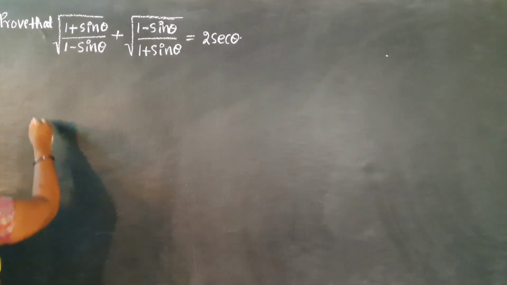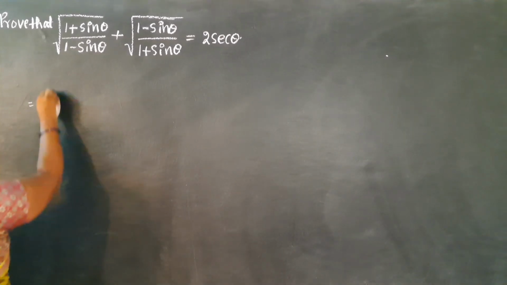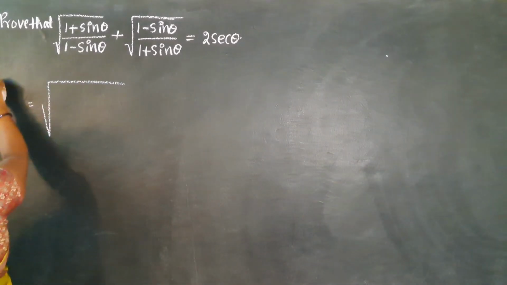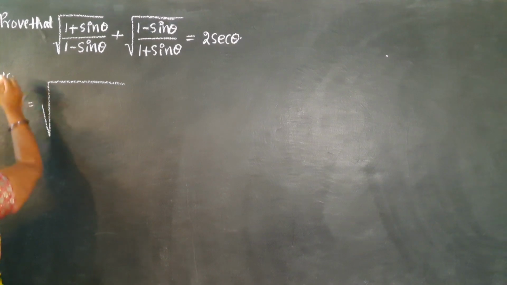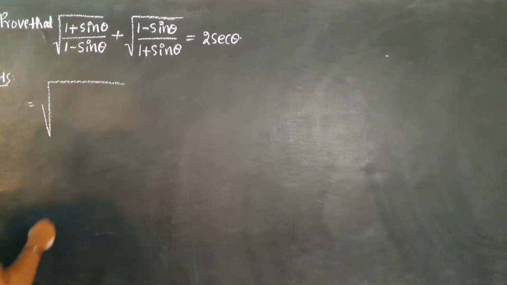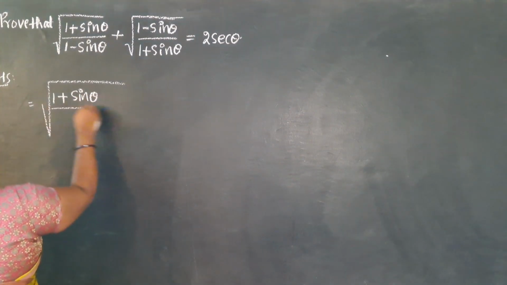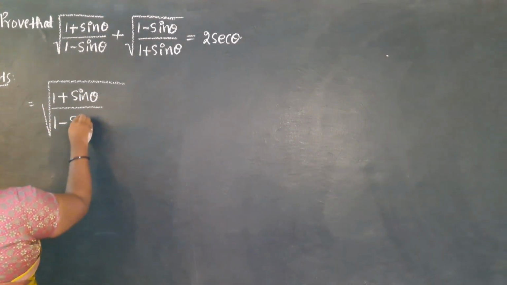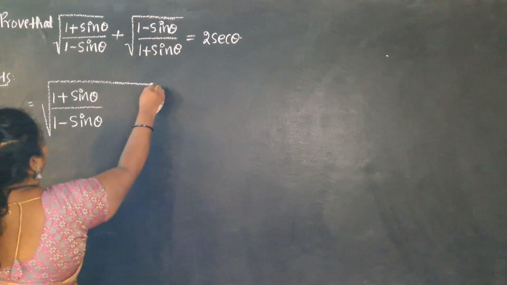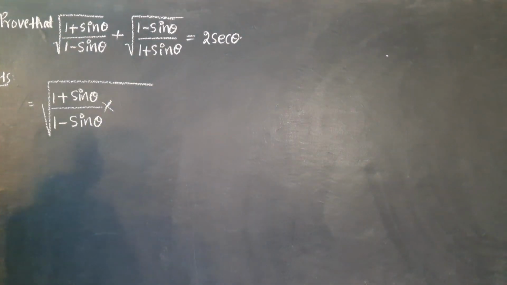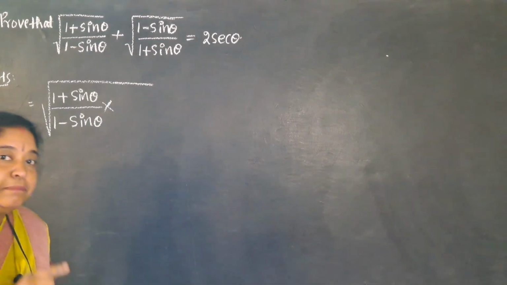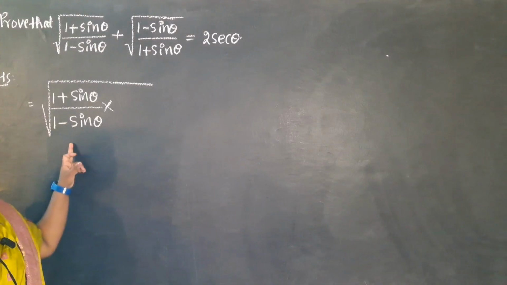What I'm going to get, dears, look at the board. I'm going to consider the LHS part and simplify the LHS part here. Root of 1 plus sine theta divided by 1 minus sine theta. To rationalize the denominator, I have to multiply by the denominator with the opposite sign.